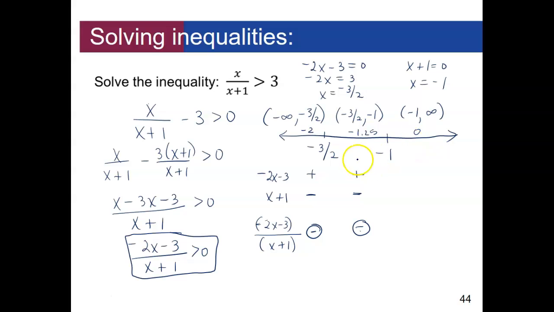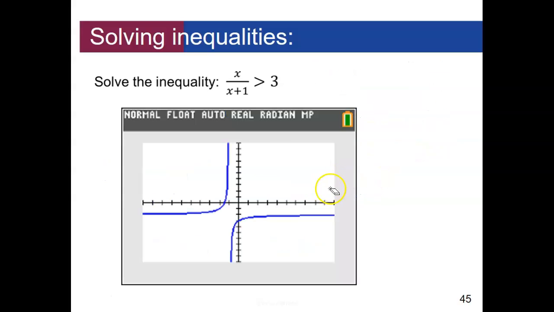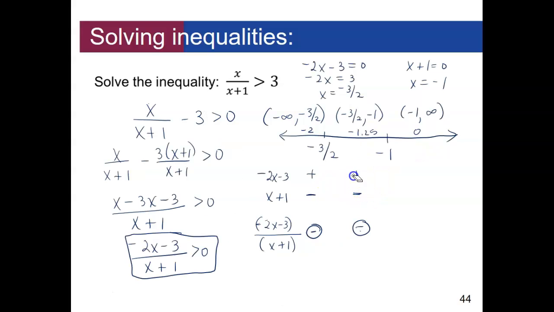Actually, I'm going to back up just a bit, and this one should be a negative, and this one should also be a negative, so this is going to be a positive. So just be really careful with this and keep track of your signs. It's easy to make mistakes with that. So if we're putting 0 in, then we're going to have a negative.